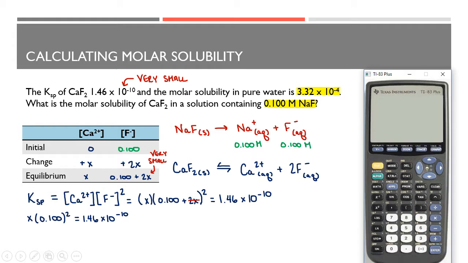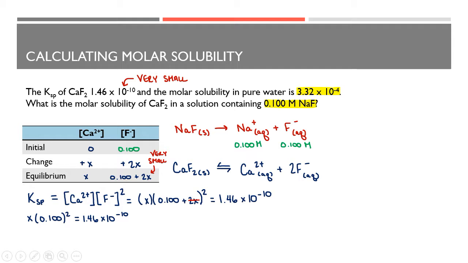Now I'm going to take 0.100 and square it, and that equals 0.01. So 0.01x is going to equal 1.46 times 10 to the negative 10th. Now I'm going to take both sides and divide by 0.01 so that I can have x all by itself.